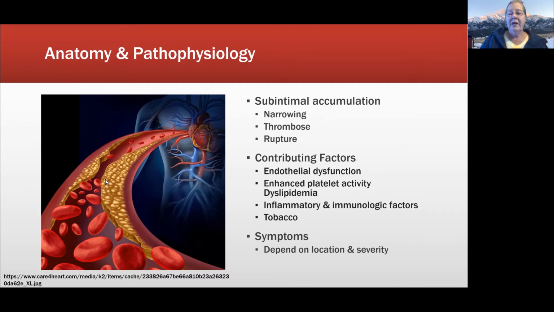And so the narrowing simply becomes so narrow that there's no blood cells passing through that space, and we have an anoxic injury happening distally to that. The symptoms are definitely going to depend on the location and the severity. The more severe, the more pain, so on and so forth.